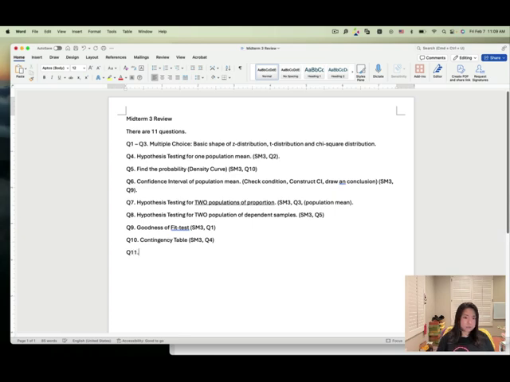Last question. Hypothesis testing for one population proportion. Okay, one population proportion. We do have a two population and a one population.